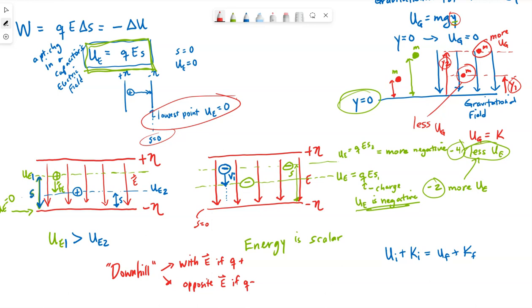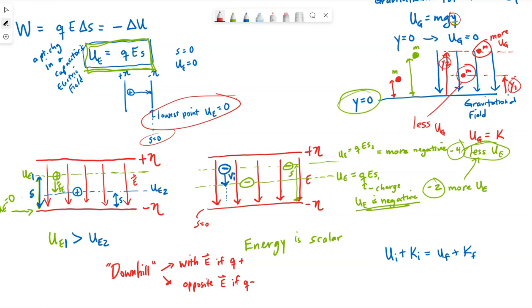I find it helpful to just think in terms of, we know electric field points from a positive charge to a negative charge. So just to think of it in terms of attraction and repulsion is helpful too for me. And then I'm not trying to memorize if it has to be with or opposite the field. Just think of whether it's attracted or repelled in the direction it's going.